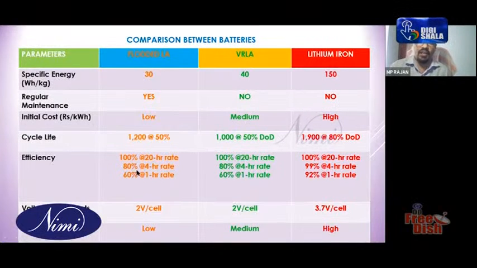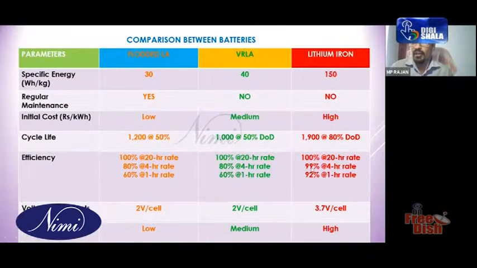Efficiency: you can see efficiency changes with your C rating. What the C rating is depends upon the efficiency change. 100% efficiency at the 20-hour rating, 80% at the 4-hour rate, 60% at the 1-hour rate. Here you can see almost the same.